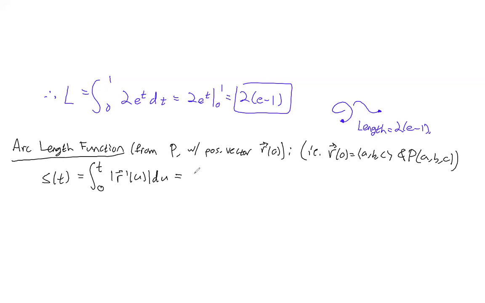This tells us the length traveled, the distance traveled along the curve after time t from the initial point.